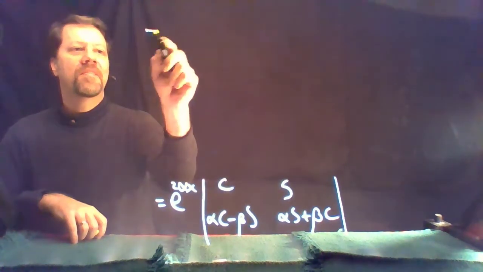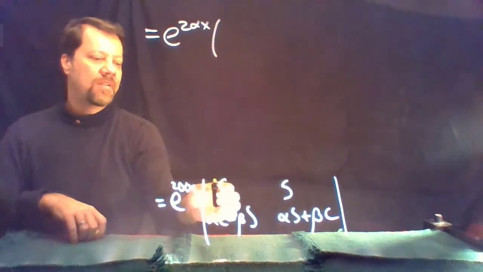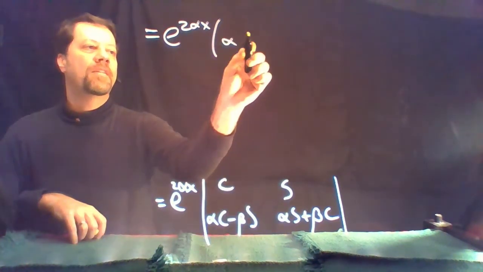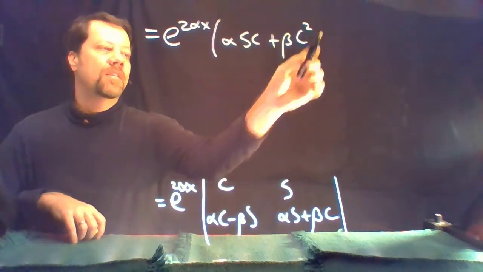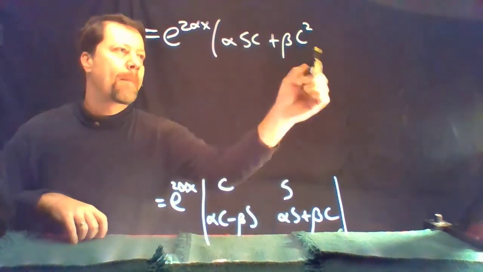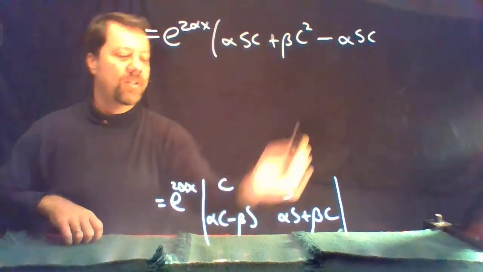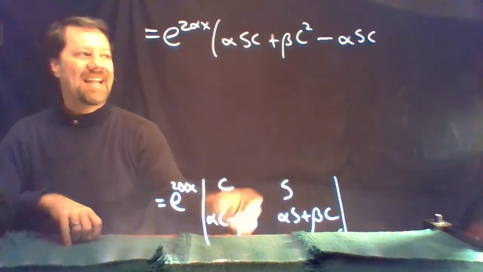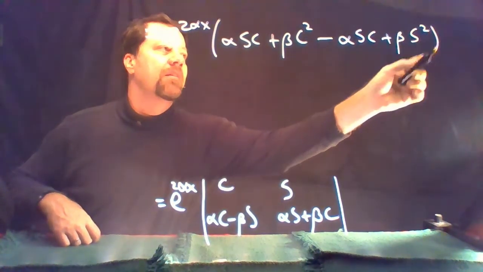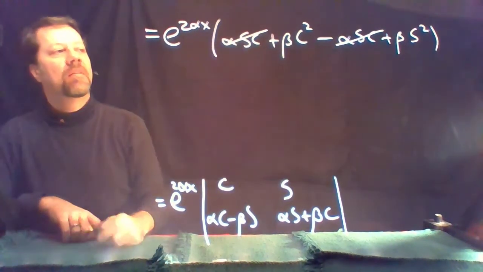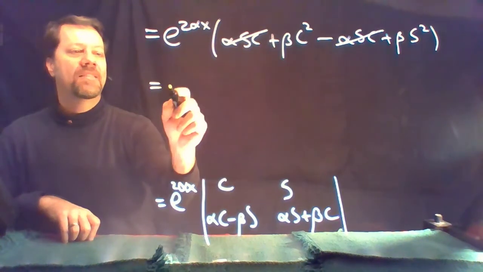This gives e to the 2 alpha x times, we'll have alpha sine cosine plus beta cosine squared minus alpha sine cosine, and we'll be subtracting a negative, giving us plus beta sine squared. These two terms cancel. The beta factors out.